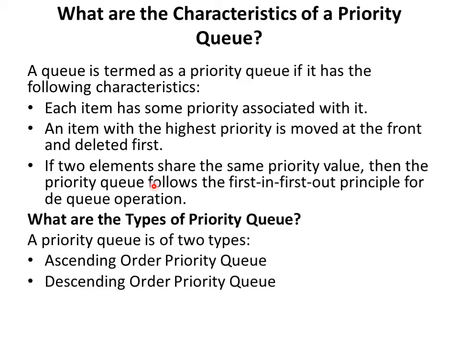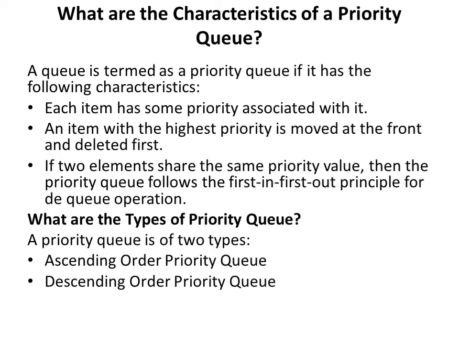I think you are aware of this from round robin. Also in operating systems there is priority. If two elements having the same priority arrive at the same time, then it will work in the form of FIFO, that is first in, first out.